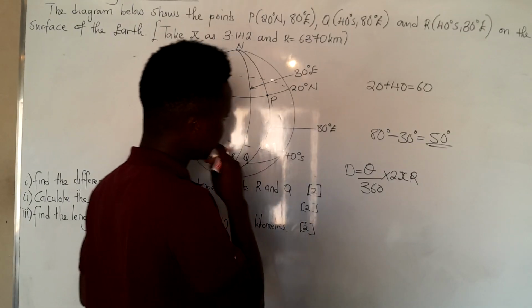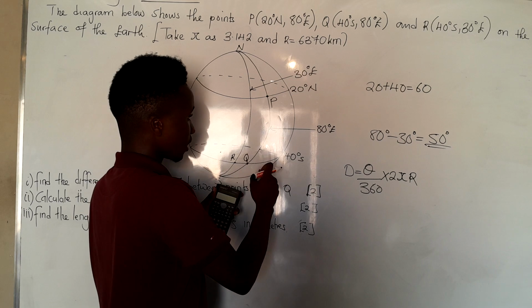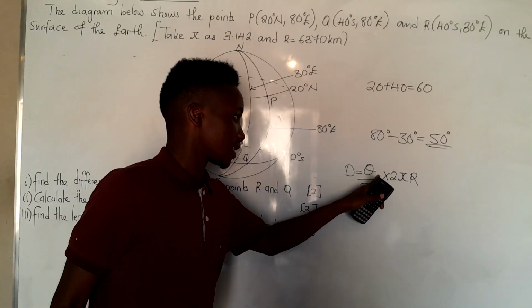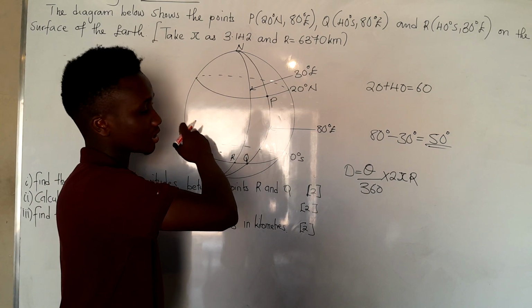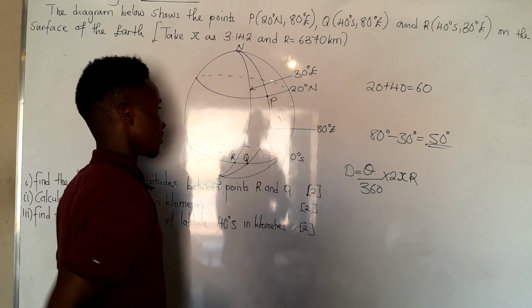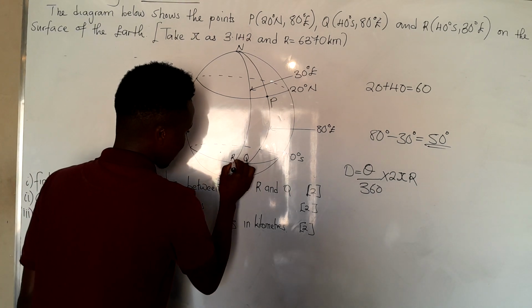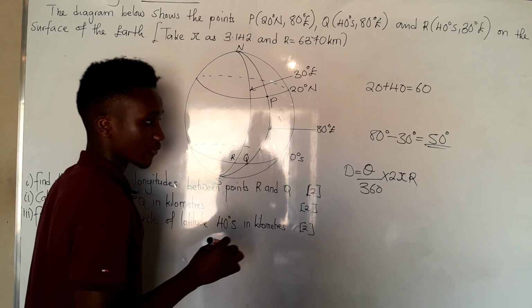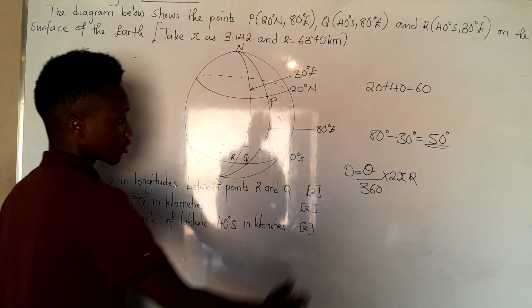So remember, for points lying on the same longitude, to find angle theta, you need to find the difference in the latitude in which the 2 points are lying. But if we were finding for points lying on the same latitude, we have to find the difference in what? Longitude of the 2 points. Okay, so here we proceed.